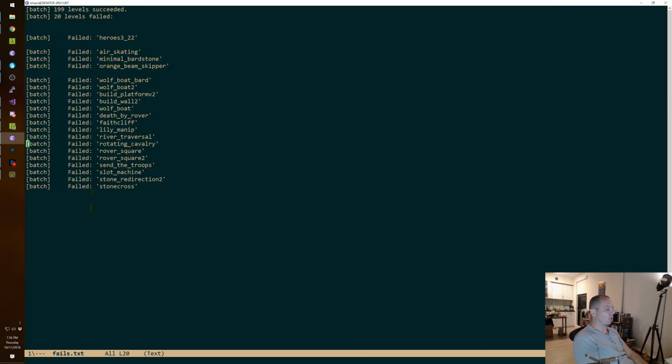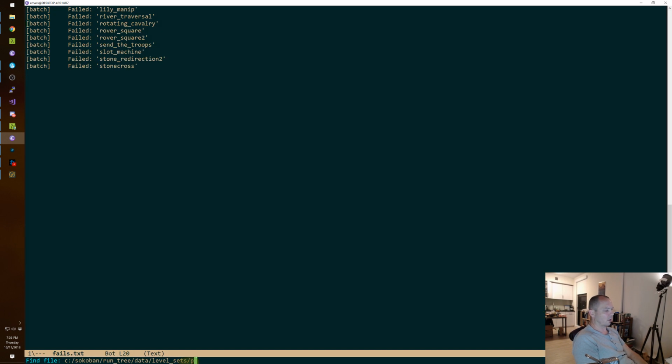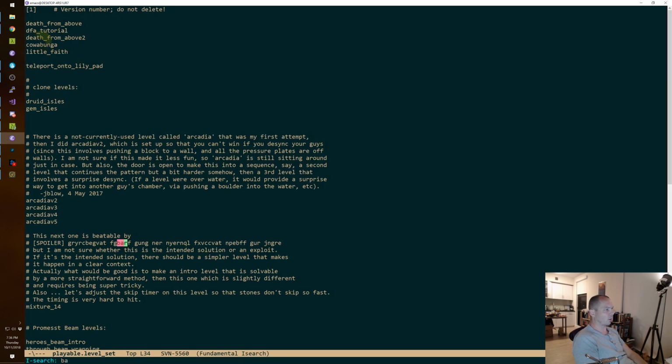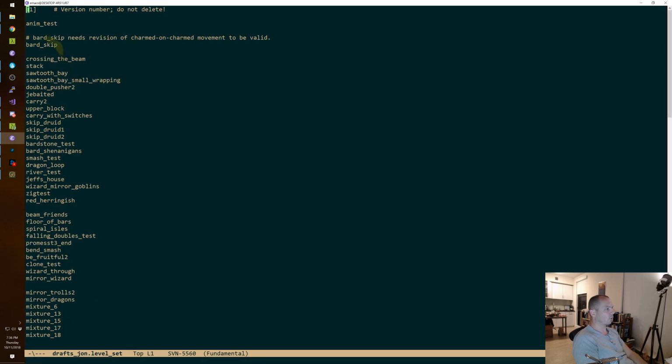I'm going to move this to draft. So level sets. I don't remember where it is. Minimal bardstone. That one goes back into draft.